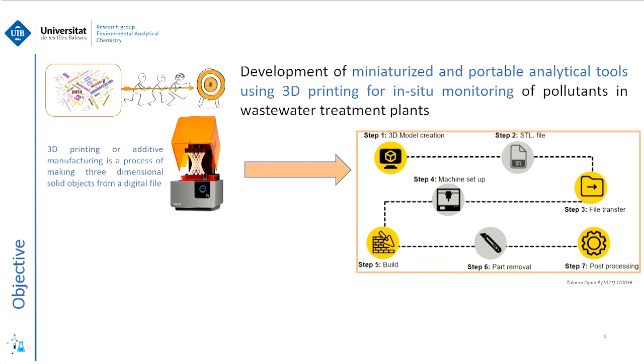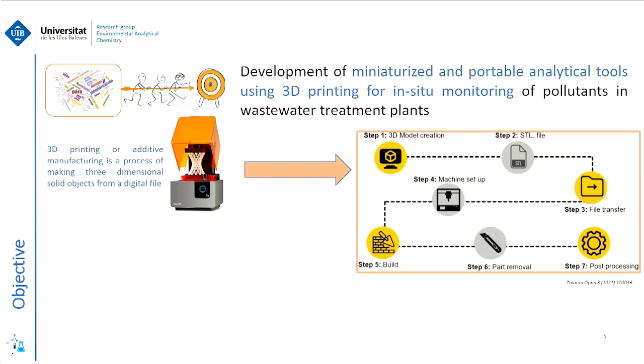We can see the different steps. First, we have model creation in software. Then we have the file transfer. We can buy the device and finish, or we need to process this device.